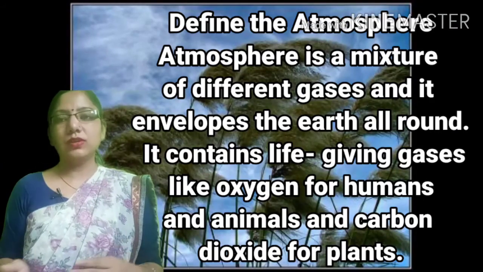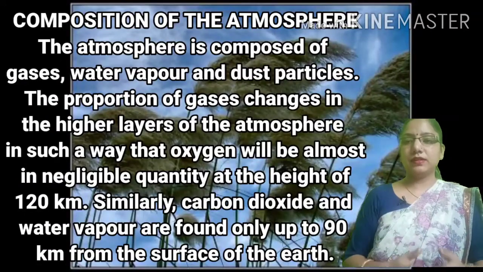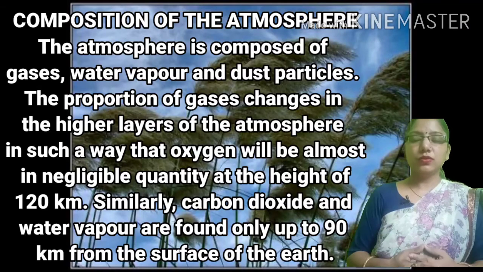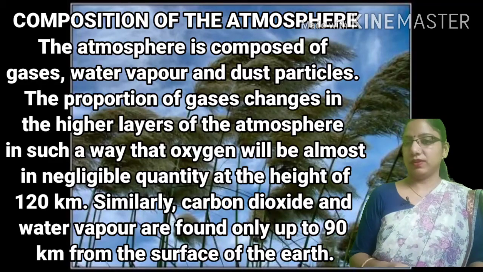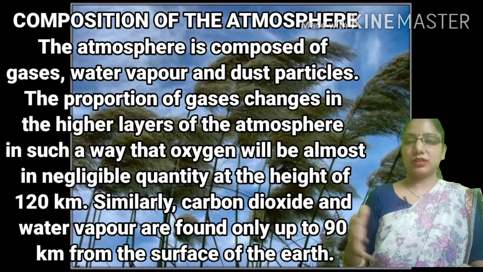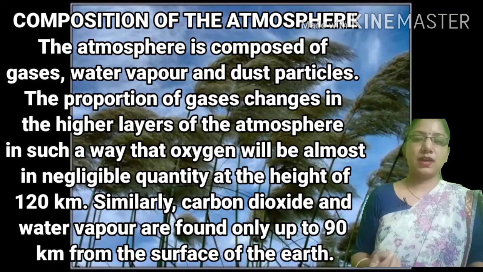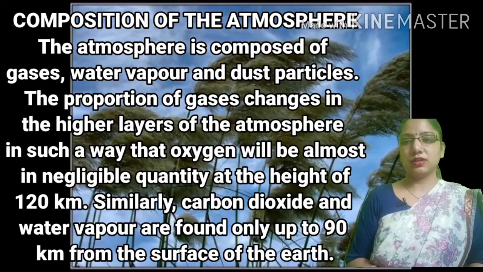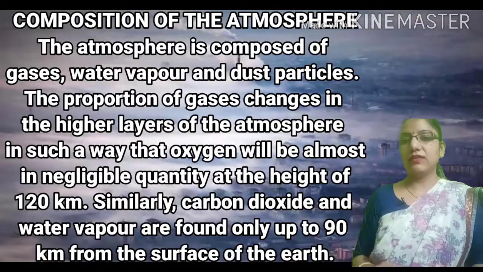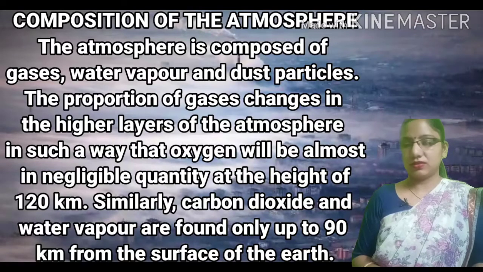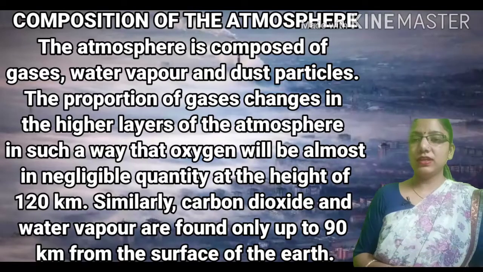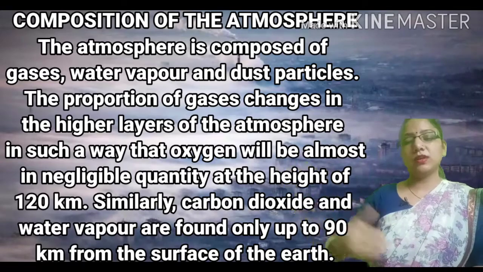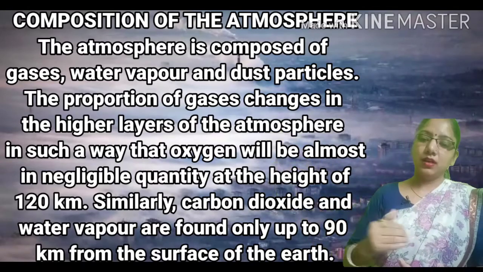As you know, our atmosphere is a most important part of our ecosystem. So what is the structure of our atmosphere? It is a most essential part of our ecosystem as well as our biosphere. The atmosphere also has a structure, which we will see in our next topic. But in short, we can say the atmosphere extends up to 100 kilometers above the Earth's surface.